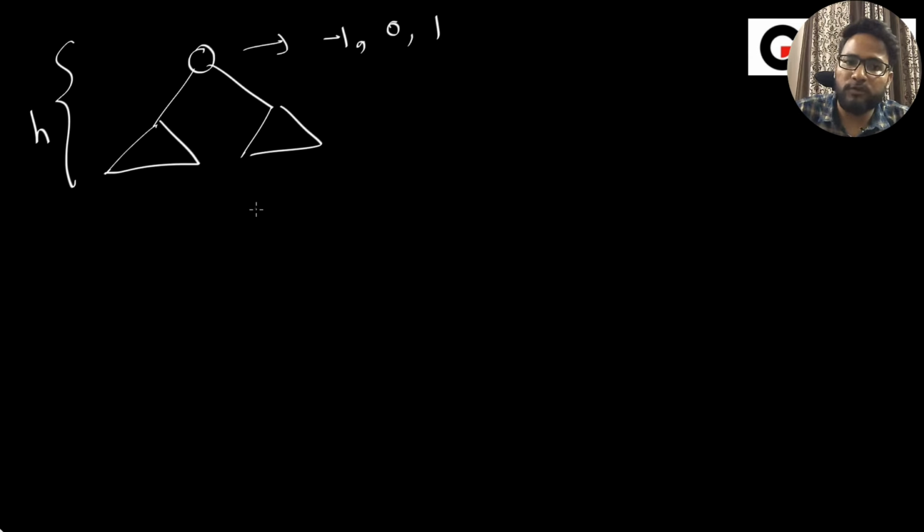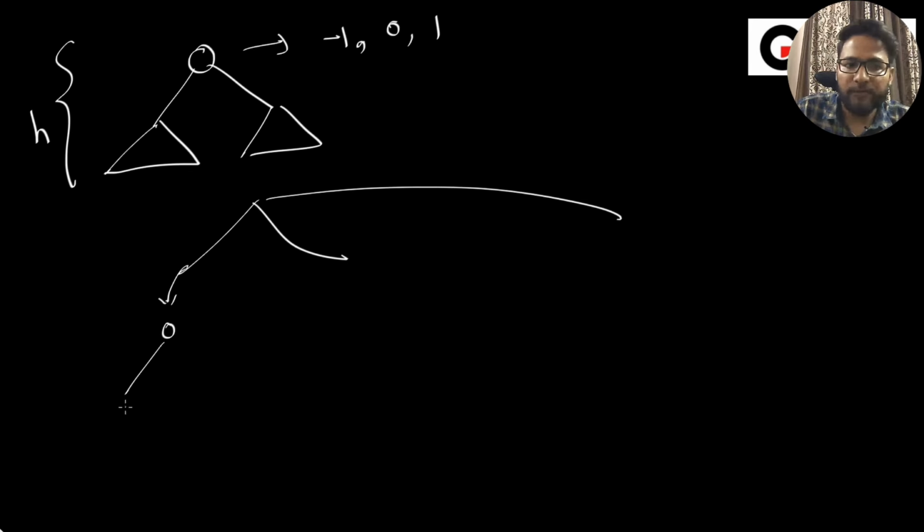Now if this height is h and the balance factor could be -1, 0 and 1, there are a couple of possibilities that you already know. One possibility is that in the left subtree the height is h minus 2, and in the right subtree the height is h minus 1, and the total height will be h only.